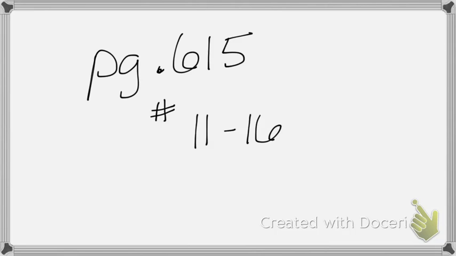Now, after you guys get done with that, you should have your worksheet from last week where we weren't able to finish all of those numbers. I want you guys to get that worksheet out.